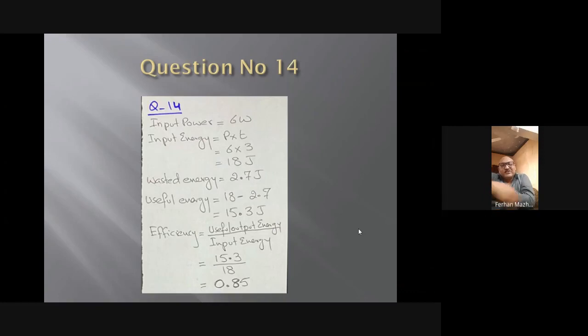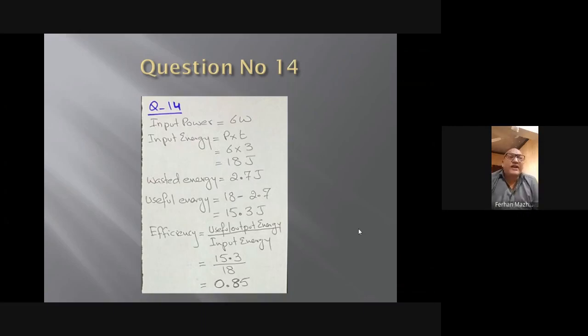The wasted energy they gave in the question is 2.7 joules. So from the input energy, subtract the wasted energy, and you will get the useful energy output. The efficiency is useful output energy divided by the input energy. So that will be 15.3 divided by 18. And our final answer for the efficiency will be 0.85.